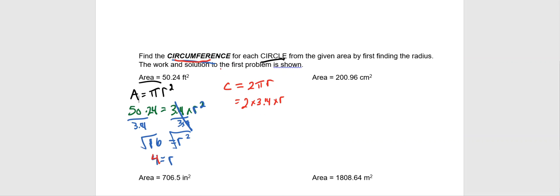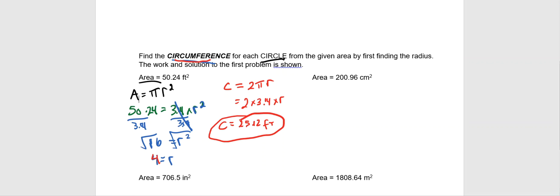And we're simply going to calculate that. 3.14 times 2 times 4, which is the same as saying 3.14 times 8. Our circumference is going to be 25.12. And one more time, we want to label correctly. It's not going to be feet squared, it's simply going to be feet.